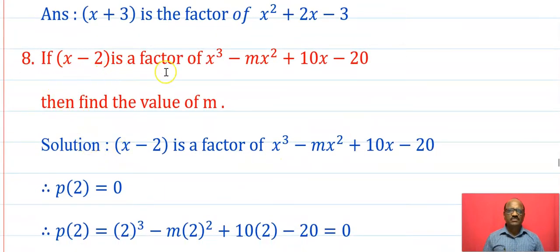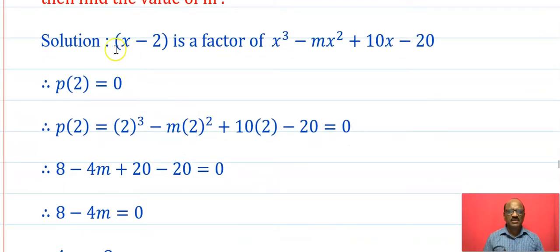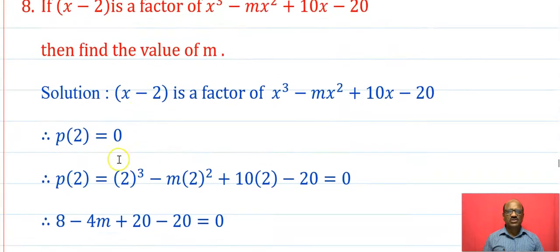Question number 8. If x minus 2 is the factor of x cube minus mx square plus 10x minus 20, then again find the value of m. Again, these are the same problem. x minus 2 is a factor of x cube minus mx square plus 10x minus 20. Then what will p of 2 be? It will be 0. Replace x by 2.